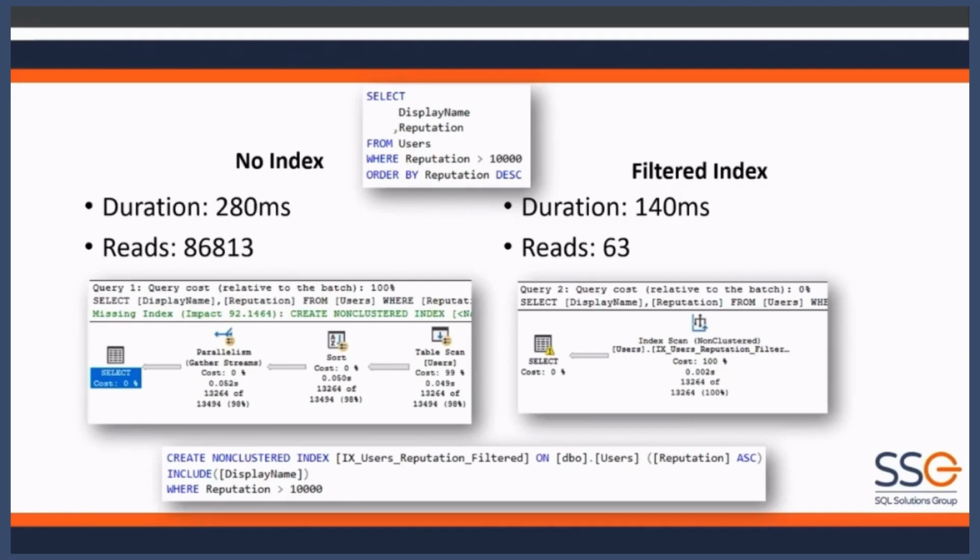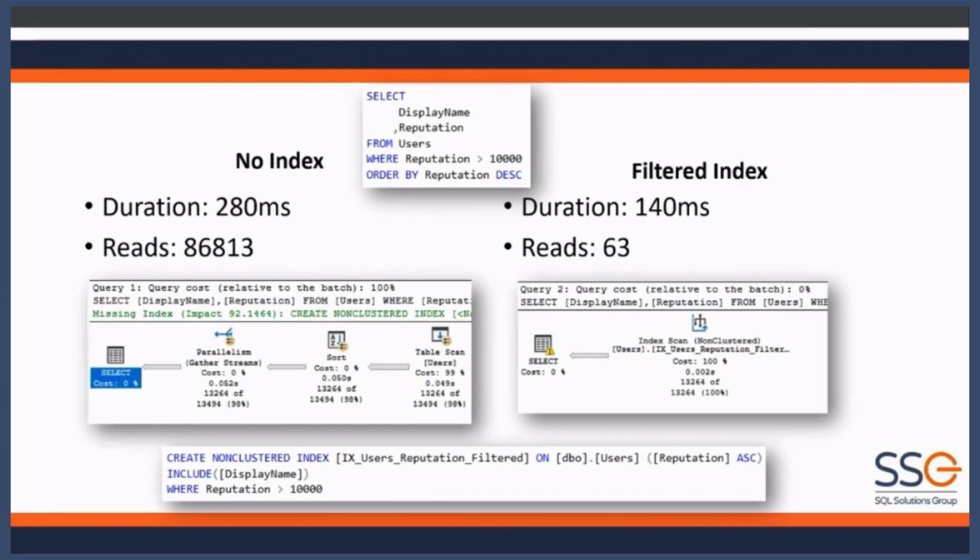It's indexed on reputation and includes the display name, because we're not searching using display name, we're searching using reputation. That's the predicate, so that's what we want to index. We're just returning display name. It's along for the ride, so we can just include that in our index. But the filter looks for reputation is greater than 10,000.